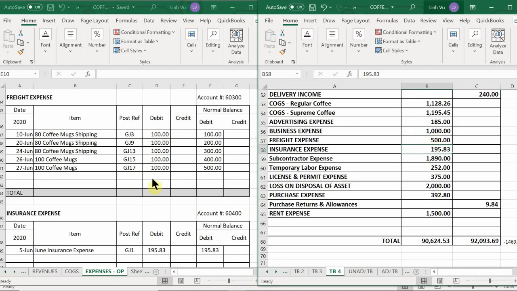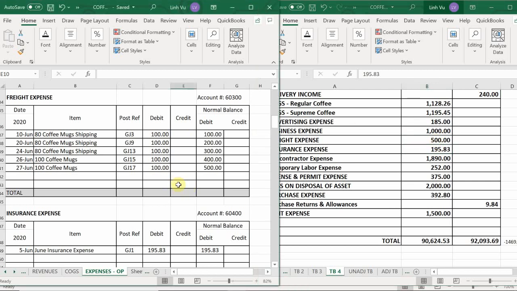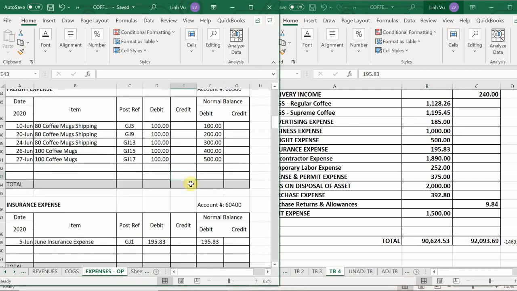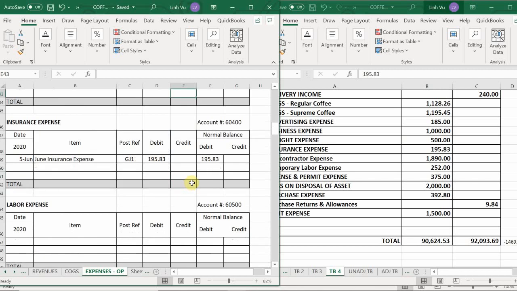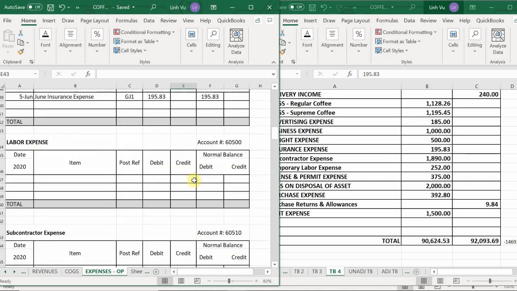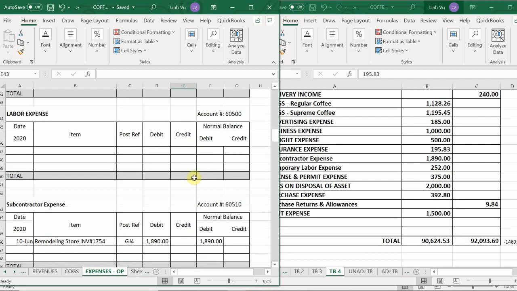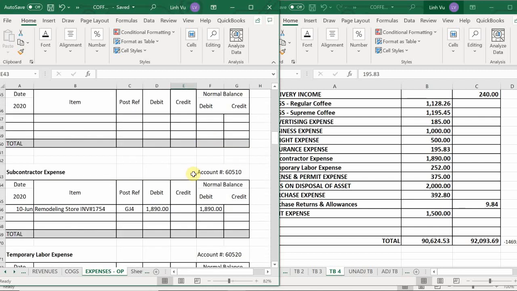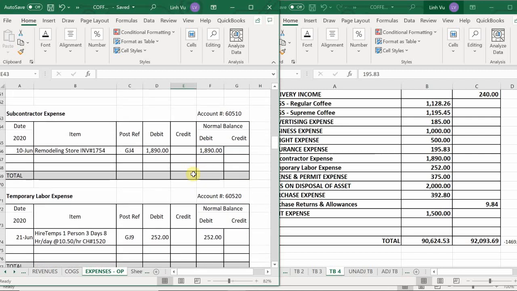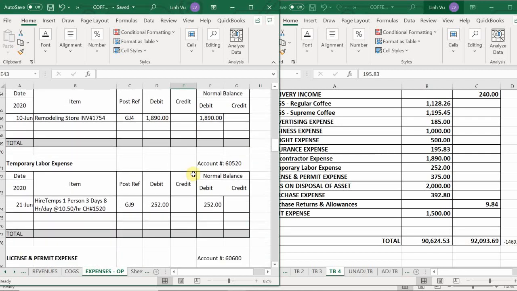Okay. Insurance expense has stayed the same at $195.83. Okay, next is labor expense, right? Subcontractor still the same at $18.90.